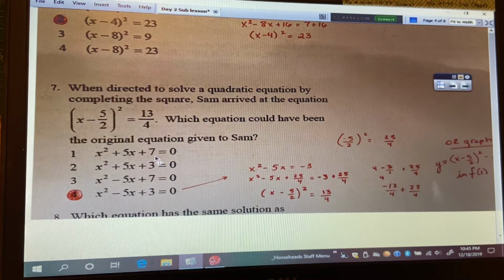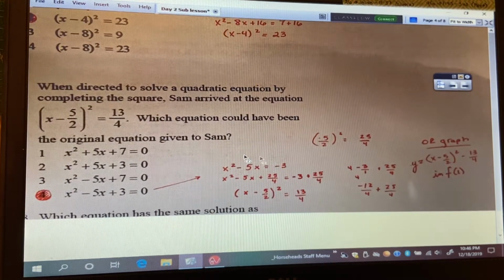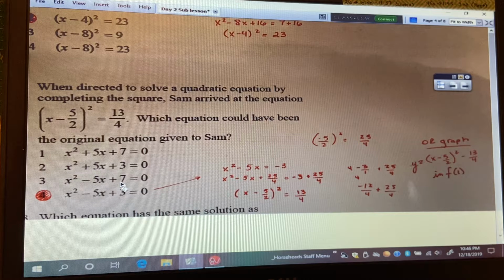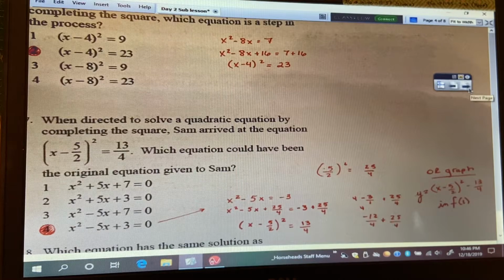So you could take each of these, complete the square, and see which one gives you this, or you could do like I just suggested on the top and type each of these into your calculator, see where they graph, and then see, you would have to type into F1 x minus 5 halves squared minus 13 fourths and see which of these lies on top of this, and it's choice 4. That's probably the easiest way to do that one.